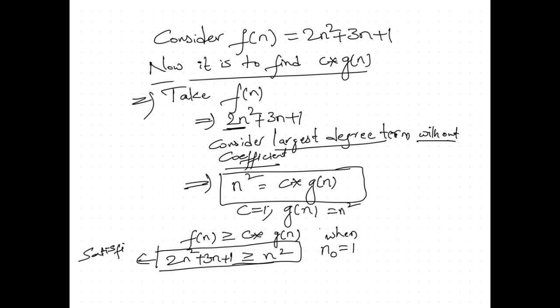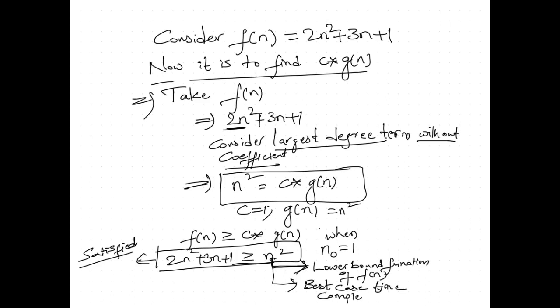When it is satisfied, this n square is a lower bound function of f of n. So I can also say this n square is the best case time complexity of f of n.